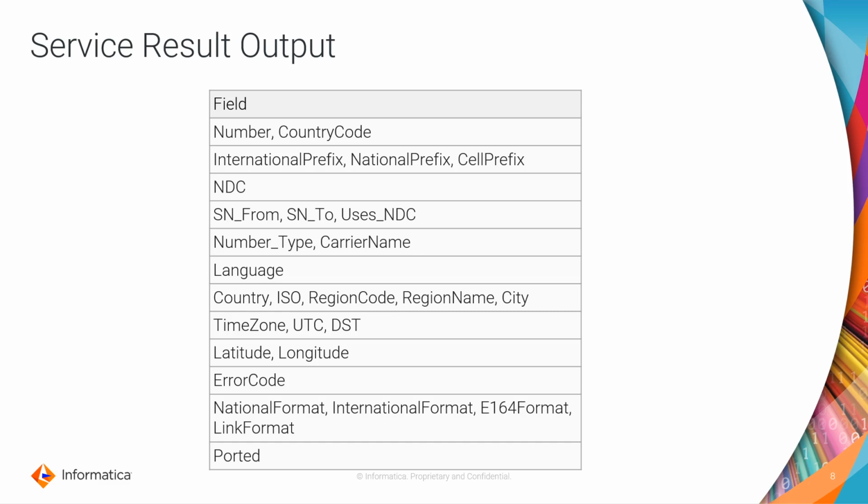Then it returns the language, country ISO, region code, region name and the city information. It also returns the time zone, latitude and longitude information. If there is any error code, it will return the error code. And in the end you can see it returns the phone number in multiple formats like international format, E164 format or national format.